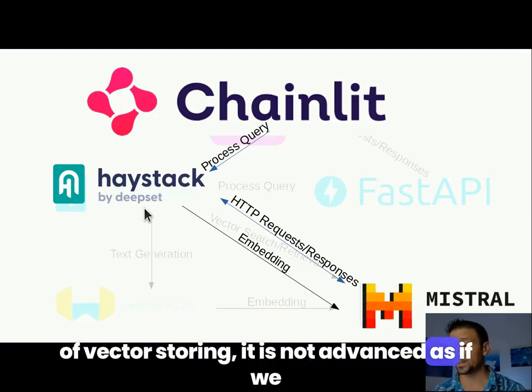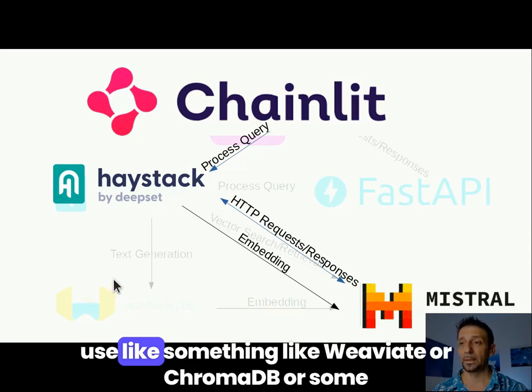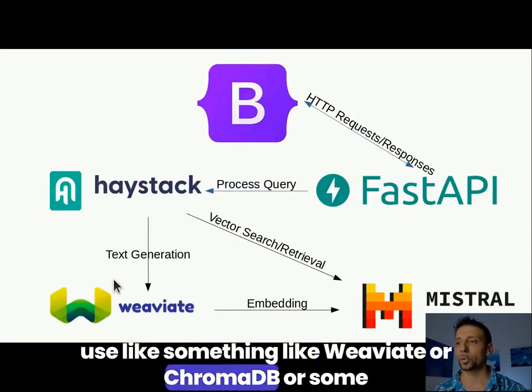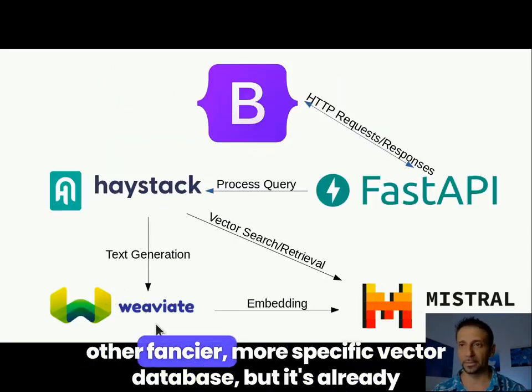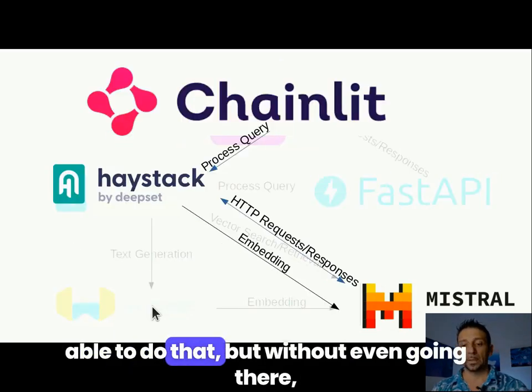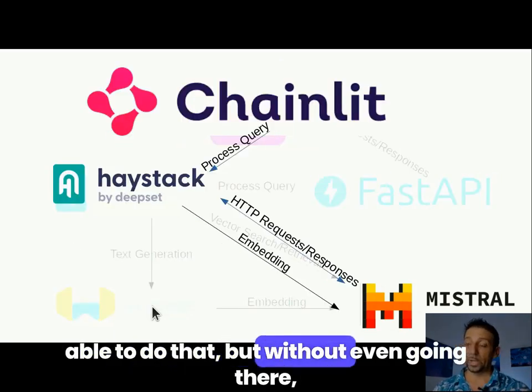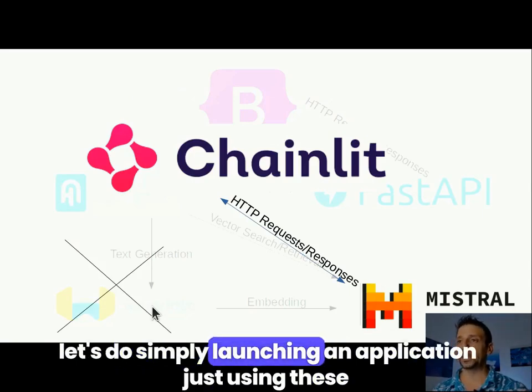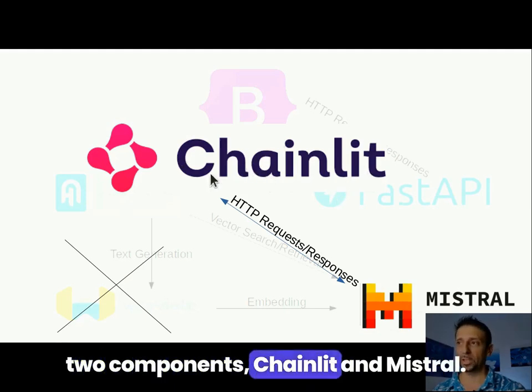It's not as advanced as something like Weaviate or Chroma or some other fancier, more specific vector database, but it's already able to do that. But without even going there, let's simply launch an application using just these two components, Chainlit and Mistral.